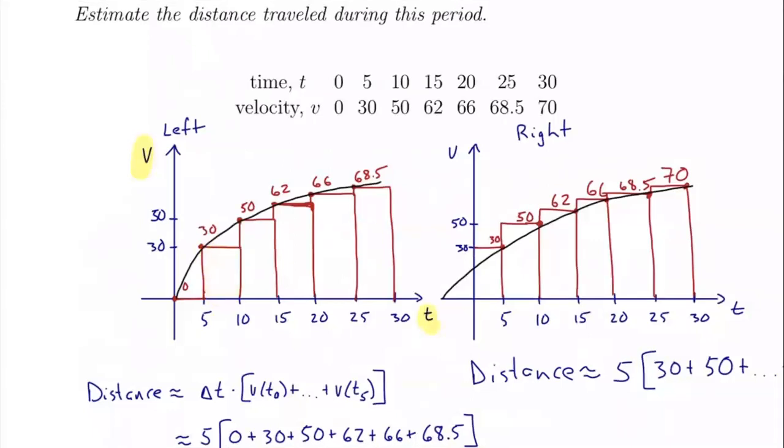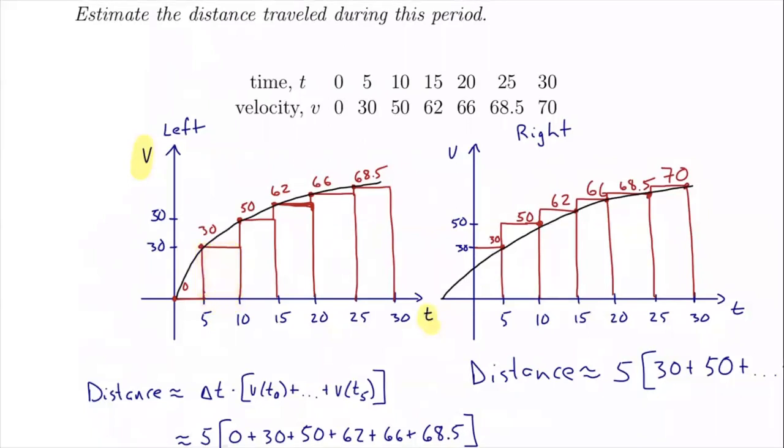Suppose we call this the velocity profile of a given object or particle. We just happen to know for every 5 seconds what its velocity was, or maybe it was a nice function v of t. Anyway, if we take the velocity, the height of one of these rectangles, and multiply it by the time, the area of one of these rectangles represents the distance that this object travels in that interval.